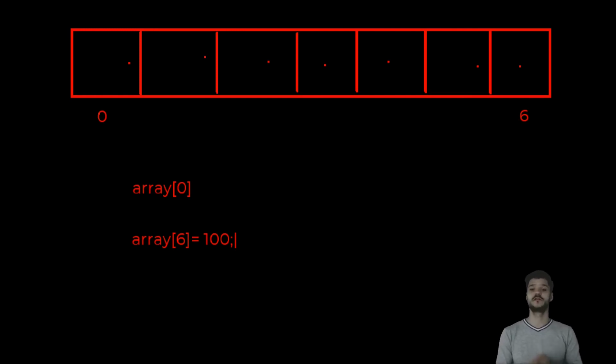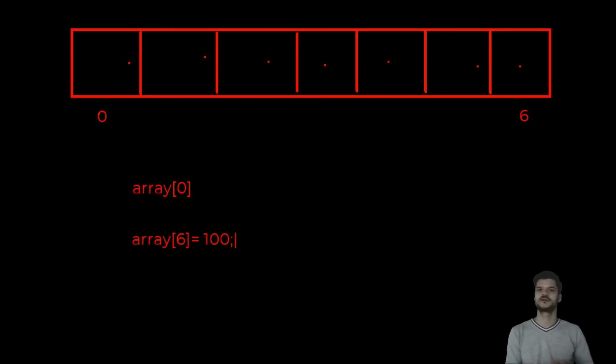Also, something very important for the array is that inside the memory, when you define the array, memory is reserved for this array, and depending on how much space a single element of the array holds, the program can calculate how much memory we need for the whole array.